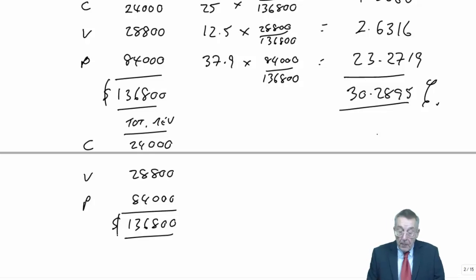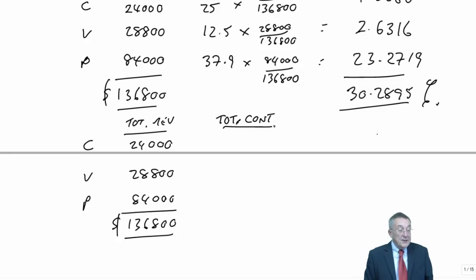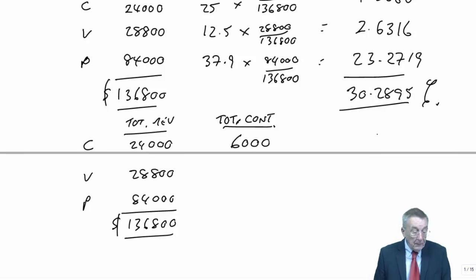And for each of them to work out the total contribution we're budgeting on. So the total contribution we're expecting from C is 4,800 times 1.25, 6,000. From V, 4,800 units at 0.75 is 3,600.